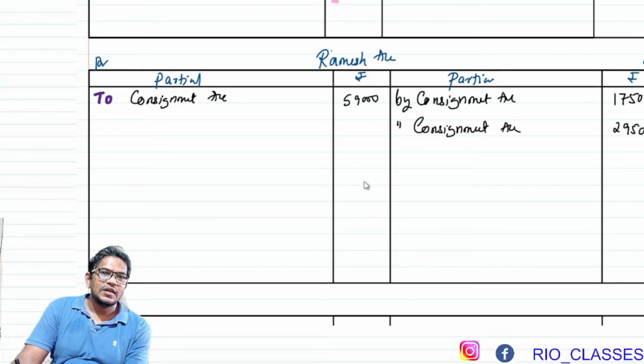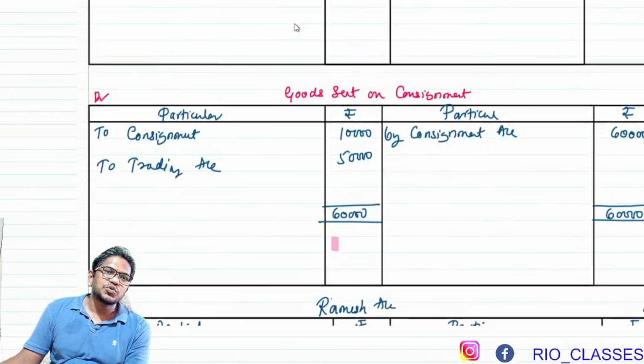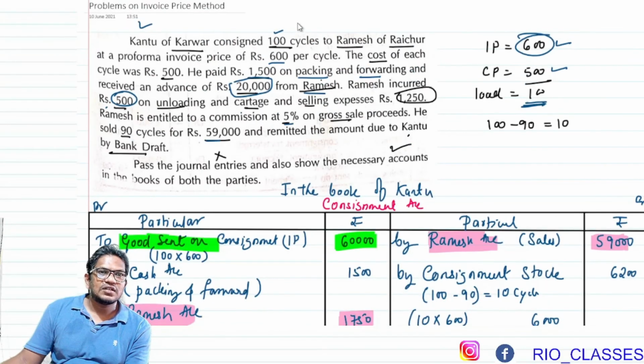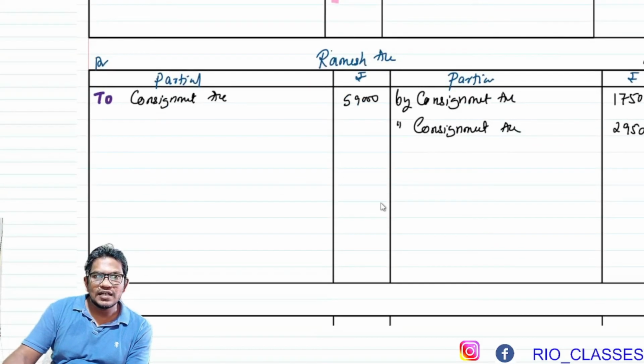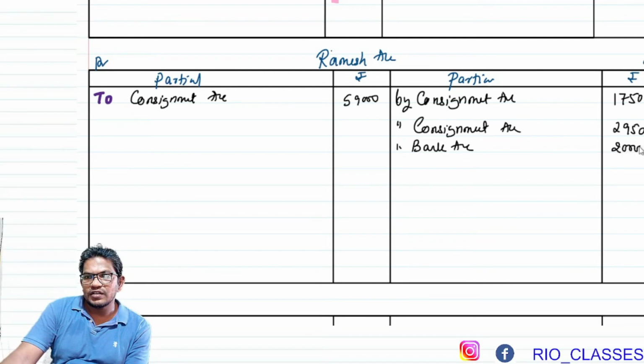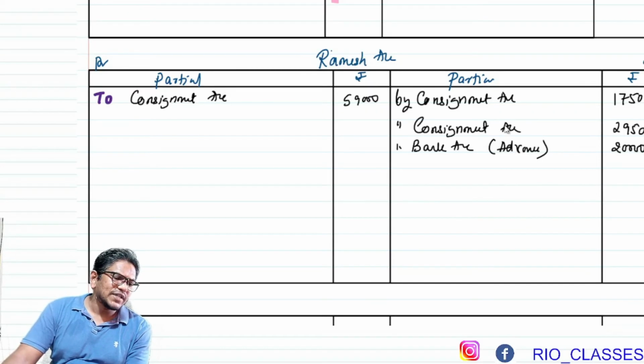All right. At the same time, my dear student, he has given some advances. How much advance has he given? He has given an advance of 20,000. You make it bank account here, because he has given the advance. Bank account 20,000. So this is your advance, my dear student. Now we need to settle it off because all the transactions we have taken into account.